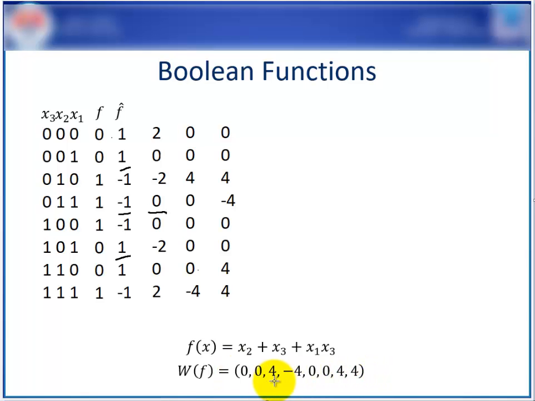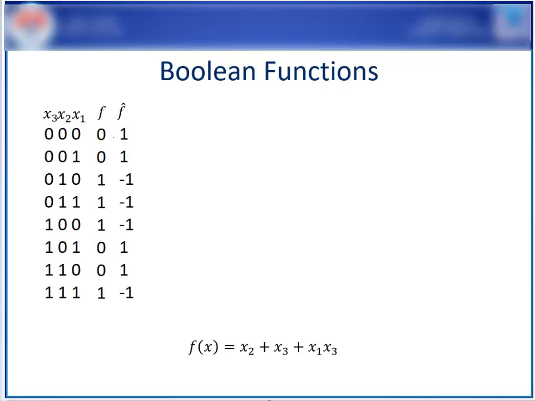Thus, if we compare the obtained Walsh-Hadamard vector with the one obtained with the previous method, we see that the result is the same. So, we have calculated the Walsh-Hadamard transform vector from the polarized truth table of the Boolean function by using two methods.